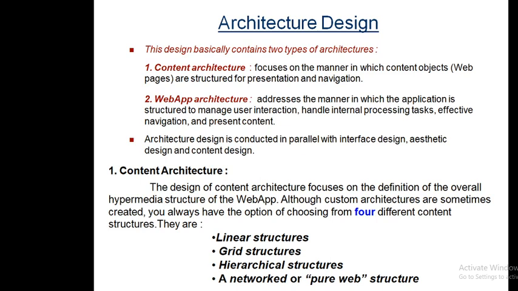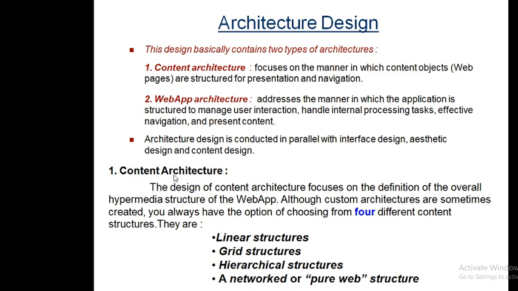Then, architecture design is conducted in parallel with interface design, aesthetic design, and content design. So whenever the interface design, aesthetic design, and content design are being performed, the architecture design is conducted in parallel. This architecture design has two points: one is content architecture and the second is web app architecture.